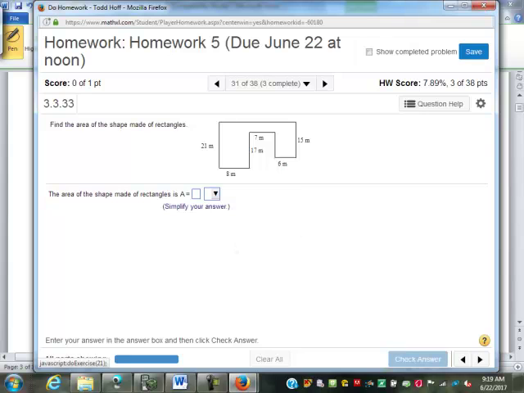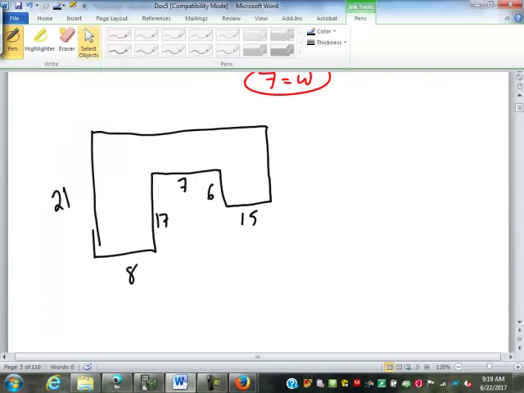Oops. Got those in the wrong spot. These are all in meters here for now.